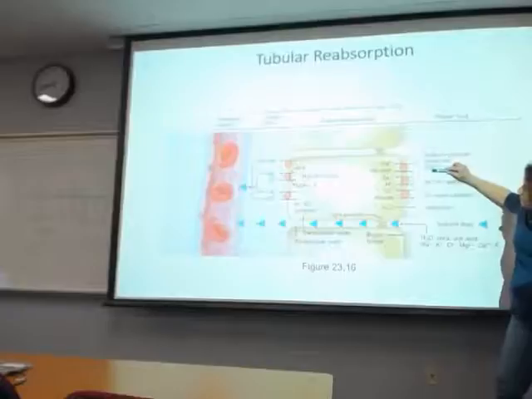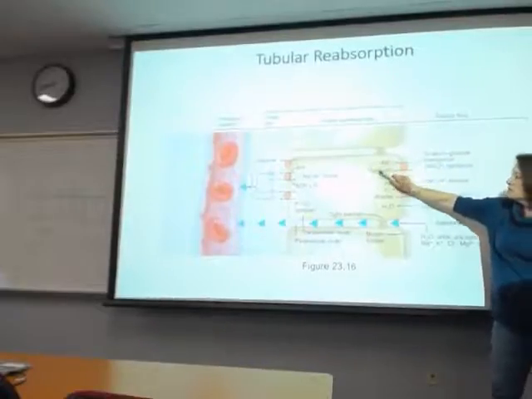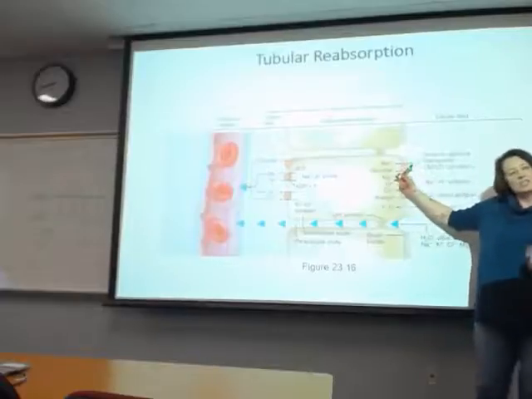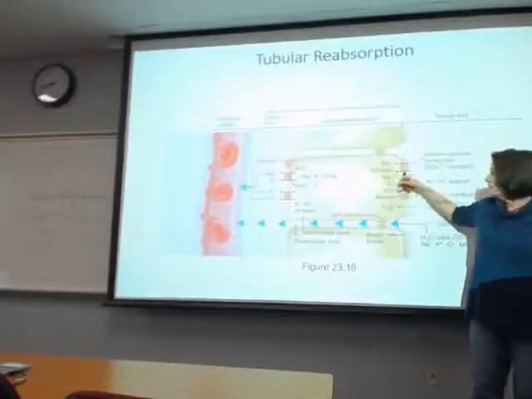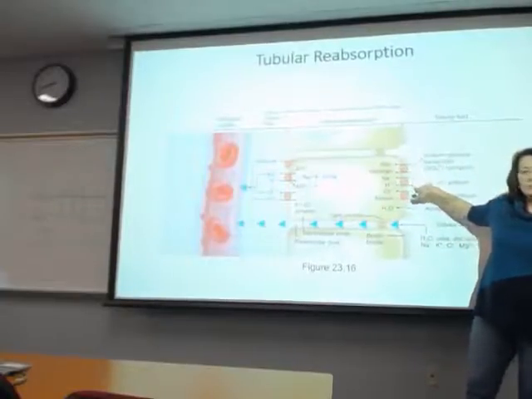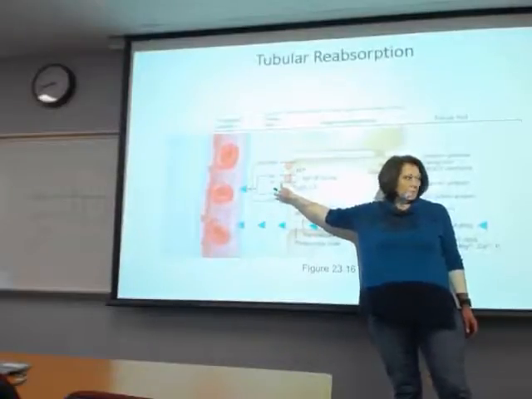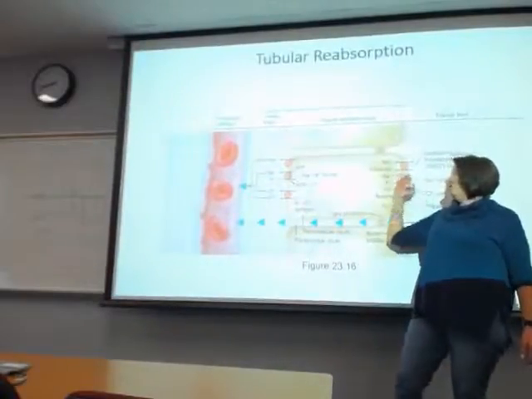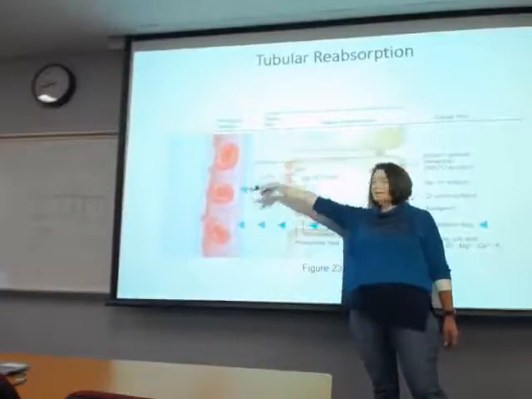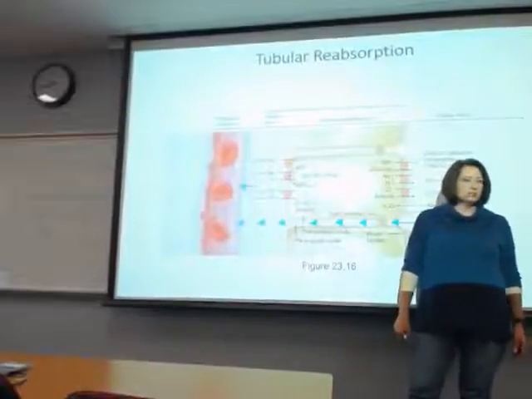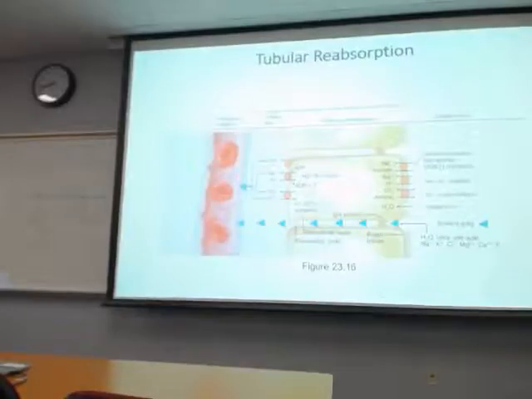So as sodium moves across the cell membrane, a glucose will move with it. Now watch, this is our transcellular route. So that means it came in on the apical surface, but it's got to leave by the basal. So that glucose has to make its way all the way across and exit out of that basal surface. That's the only way that we can get those glucoses to move.